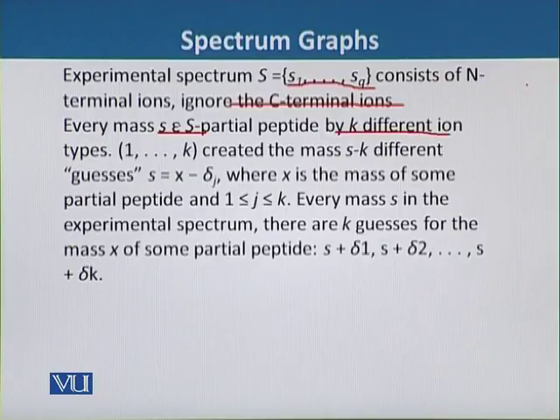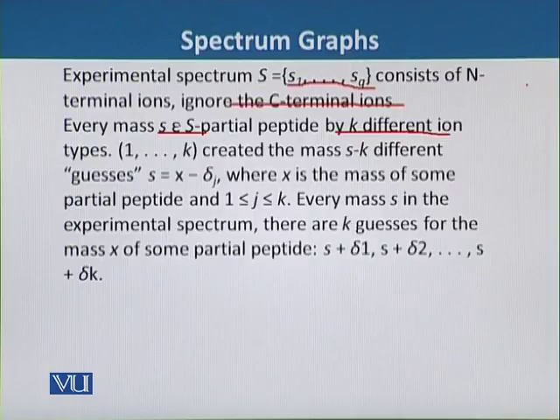Since we do not know which ion type, delta 1 to delta K, created the mass s in the experimental spectrum, we generate K different guesses for each of the masses in the experimental spectrum.